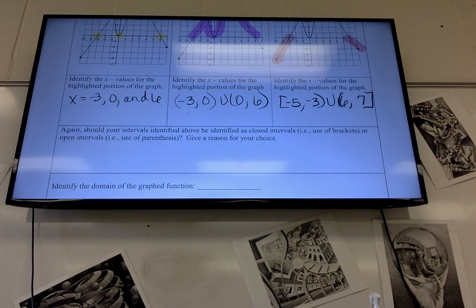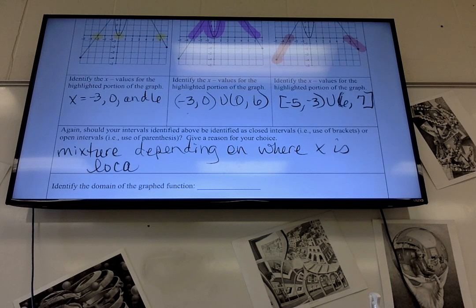It can be open, closed, a mixture, just like I have here, depending on where it's located. So mixture. For example, if it's on the x-axis, then it can't be greater than 0 or less than 0. And that's when you would include a parenthesis as opposed to a bracket.